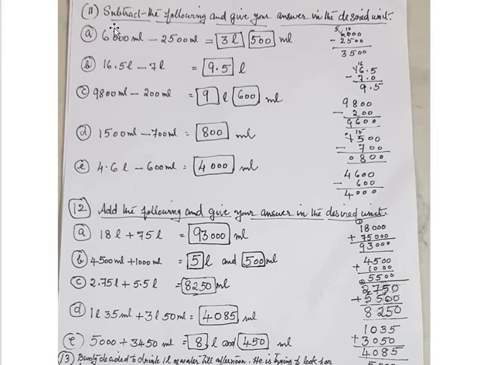For that you should know 1 liter equal to 1000 milliliter, 1000 milliliter equal to 1 liter. So first we will subtract 6000 minus 2500. 0, 0. And from here 1 borrow, make it 10. 10 minus 5 equal to 5. And here 6 becomes 5. 5 minus 2 equal to 3. So you will get 3500 milliliter.